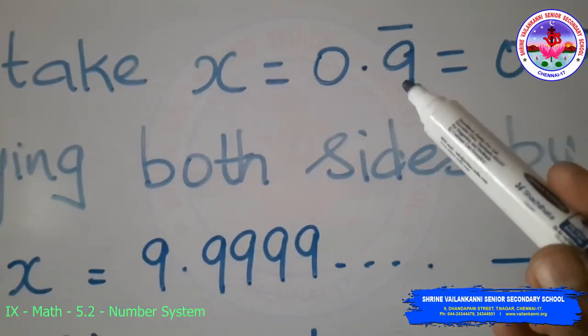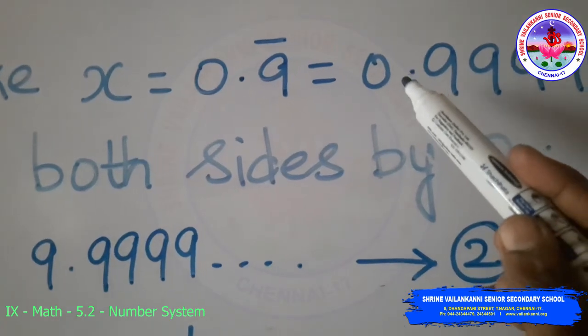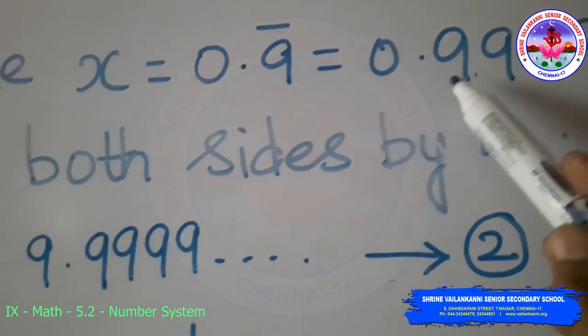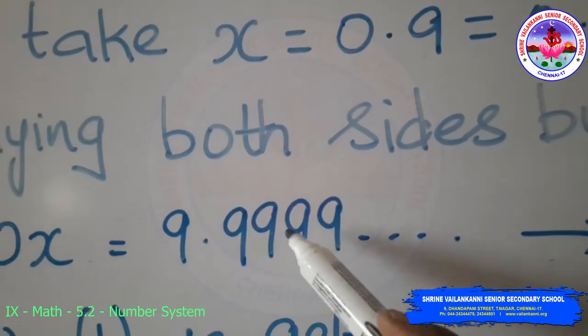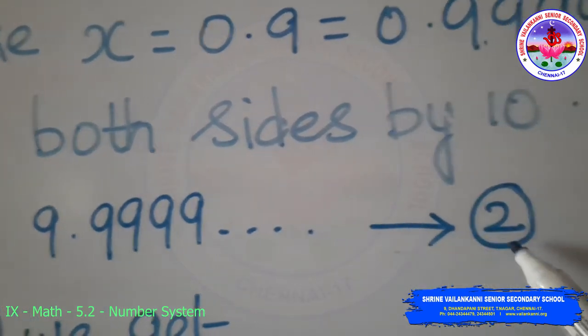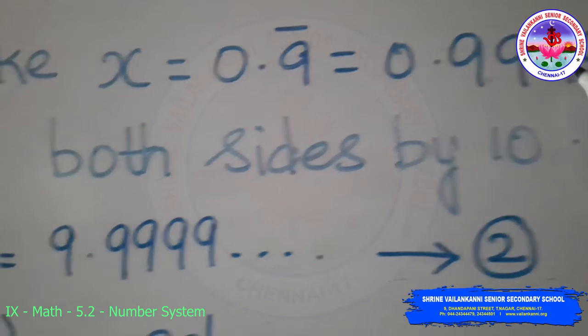On the right side, if I multiply by 10, the decimal point jumps after one digit, so I will be getting on the right hand side 9.9999. So calling this as equation 2 and the above as equation 1.